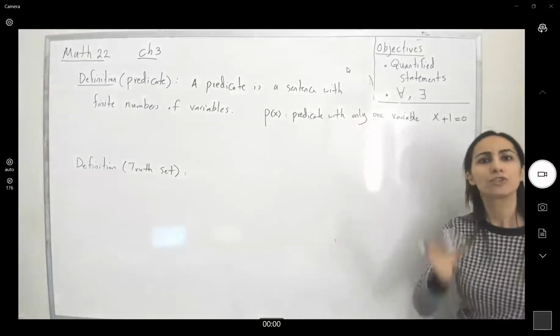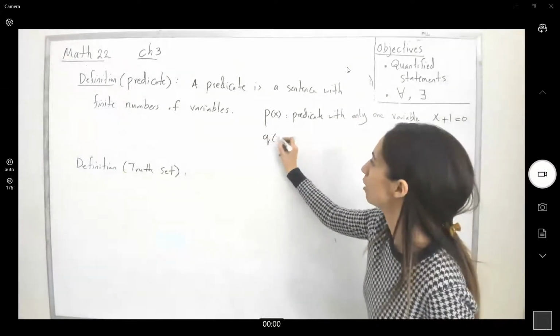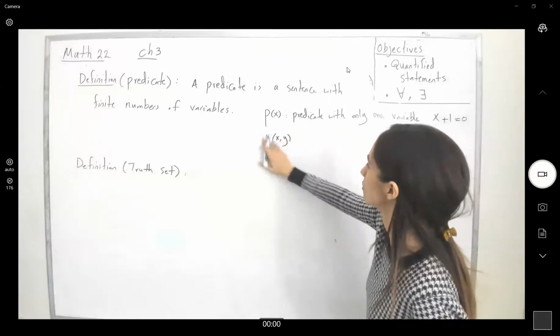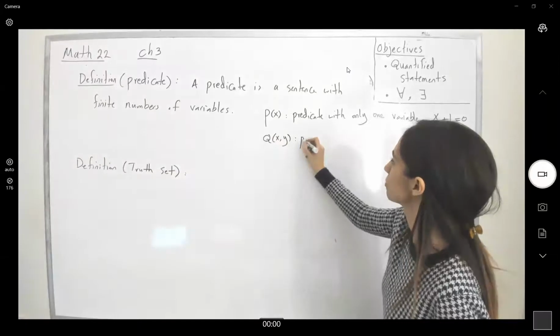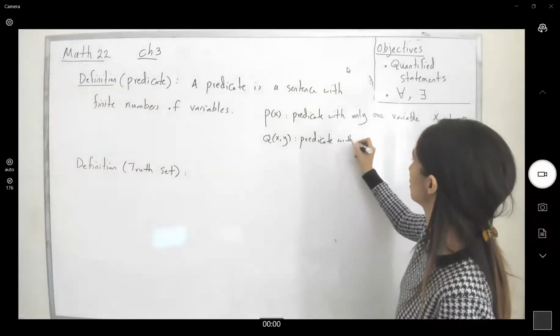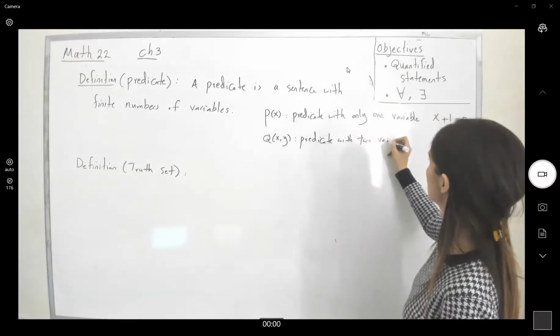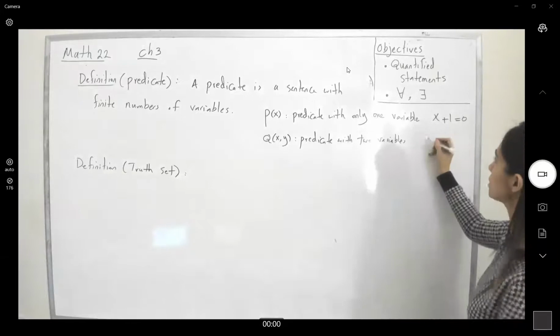You might have two independent variables. Why not? Q of x and y. We can just use this: Q of x and y, which is a predicate with two variables. Like what? x squared plus y squared equals 1.